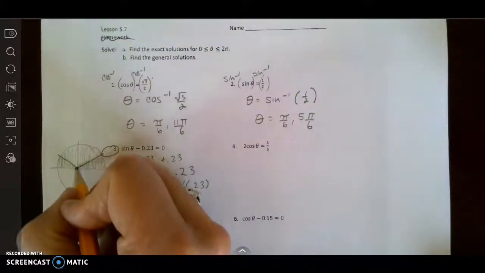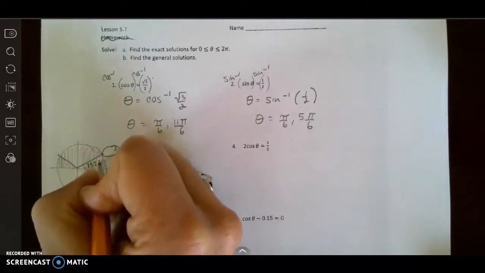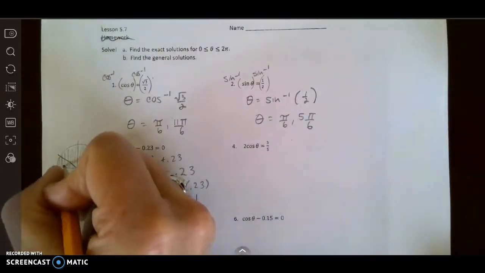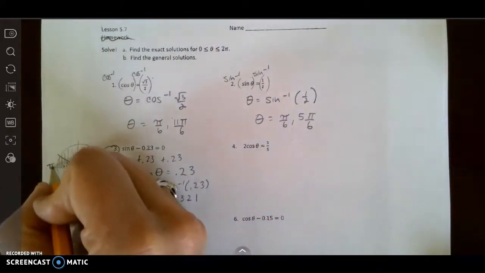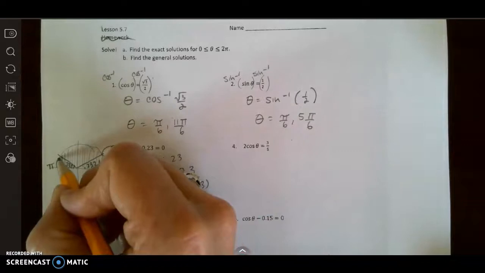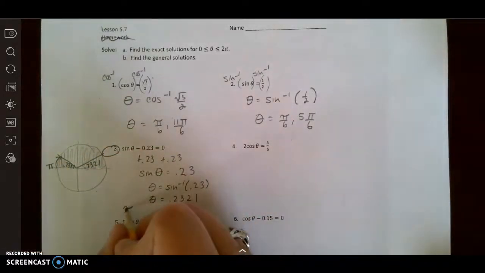The other answer is going to be, so this is 0.2321, and this is pi here. And so it's going to be pi minus 0.2321.